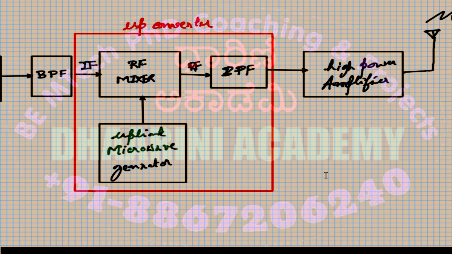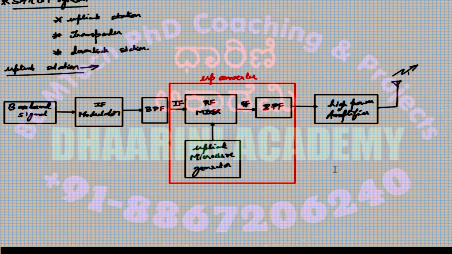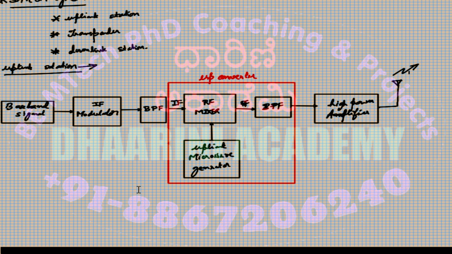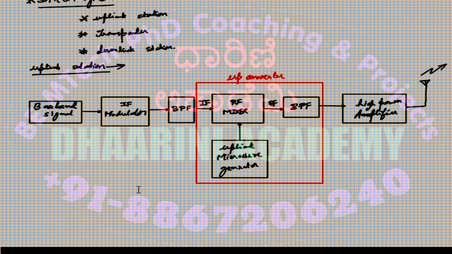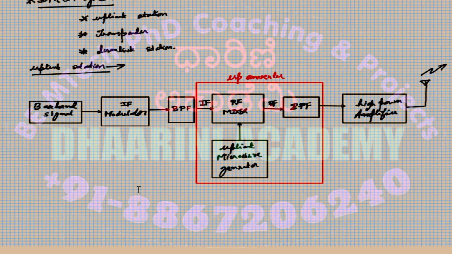Just a second, I'll show you the complete diagram. All right. So the baseband signal, which is in the original format of the message or a low pass signal, gets converted onto a high frequency first.